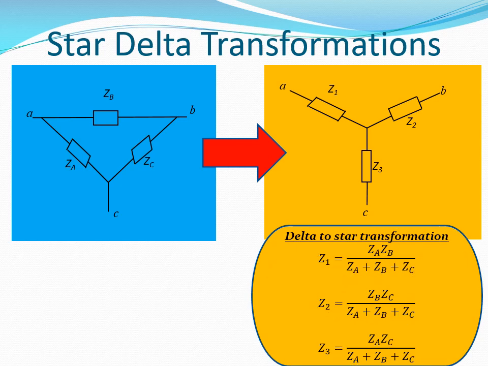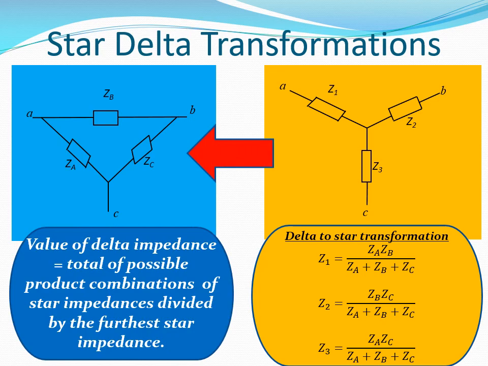Using the illustrations shown, these are the formulae that may be used to calculate equivalent star impedances Z1, Z2, and Z3 when given delta impedances ZA, ZB, and ZC.